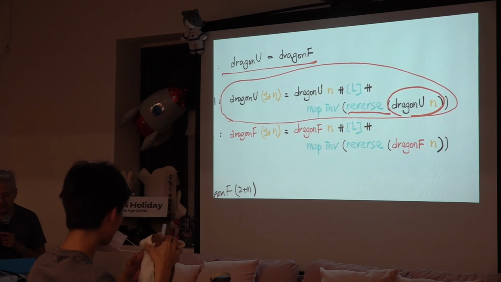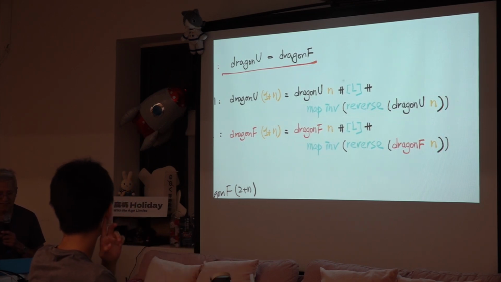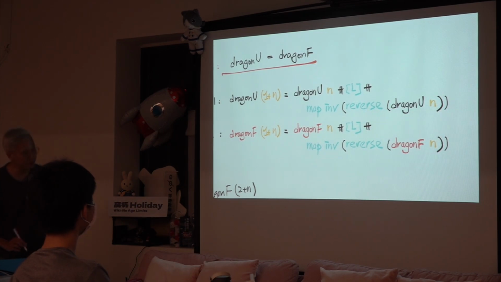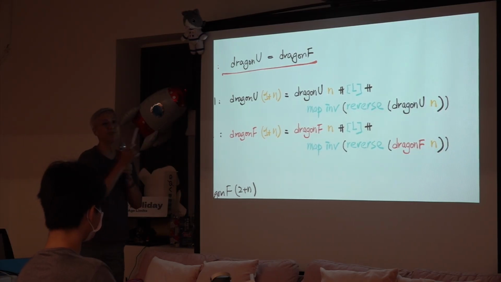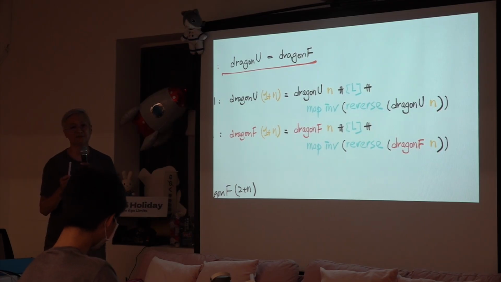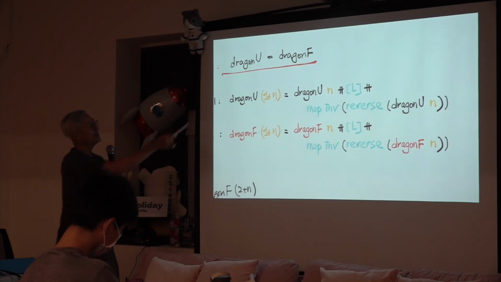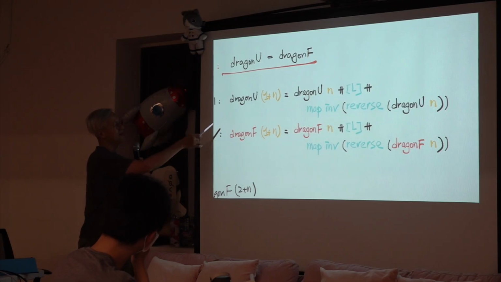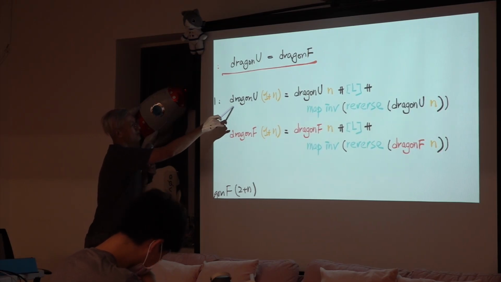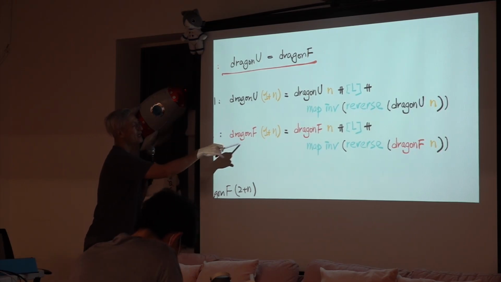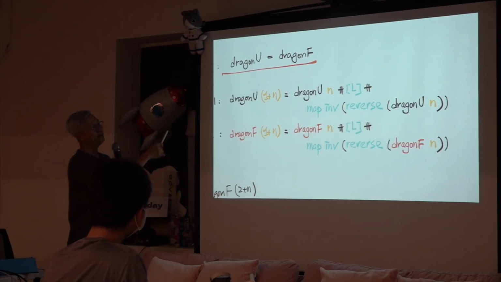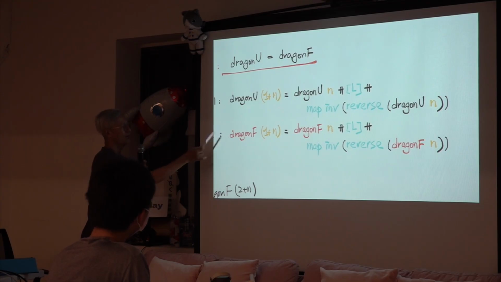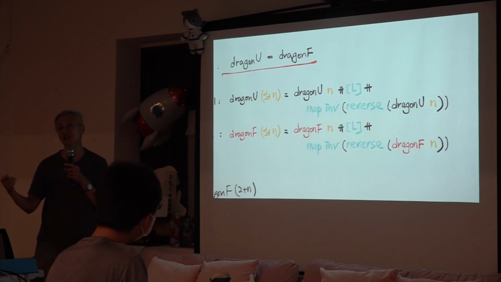Okay? And I'm going to skip several steps and claim that if I can prove that the same pattern holds for the folding approach, from here to here, I'm just changing the black dragon U's to these red dragon F's. If I can show that the same pattern holds for dragon F, then they are the same function.